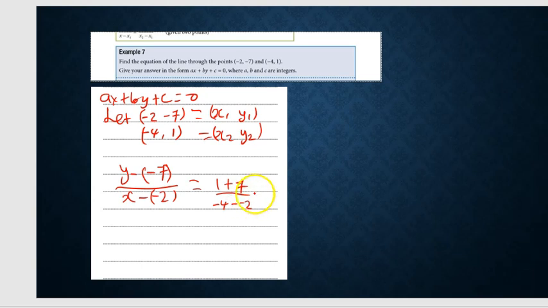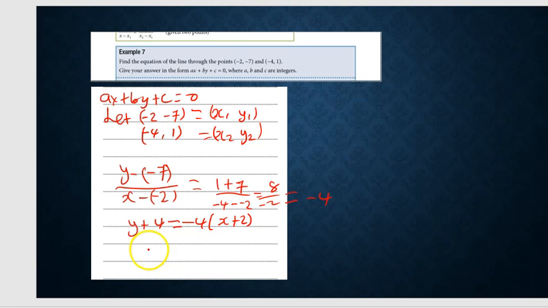So we have 8 divided by -2, which gives us -4. So y plus 7, the equation of the line, will be equal to our gradient -4 into x plus 2.